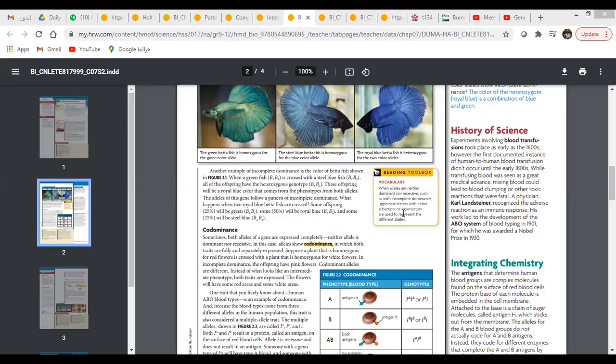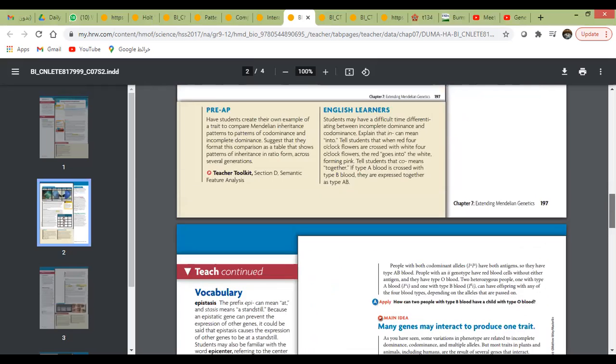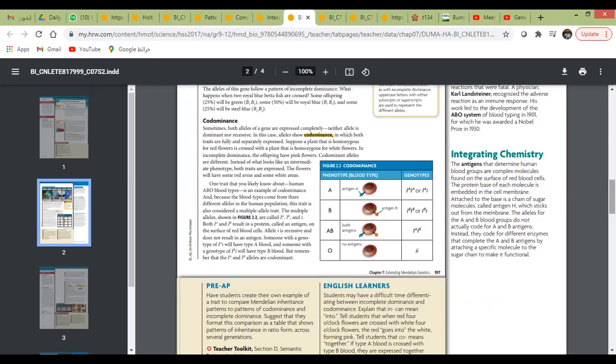Okay? One example of codominance is also the blood group. We said that we have 4 blood groups and the alleles that contribute to these blood groups are 3 alleles: either I capital A, I capital B, or i small. These are the 3 alleles.